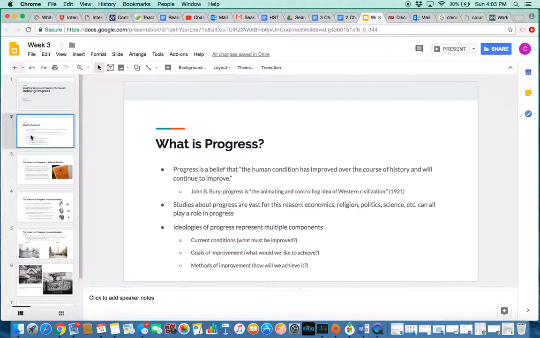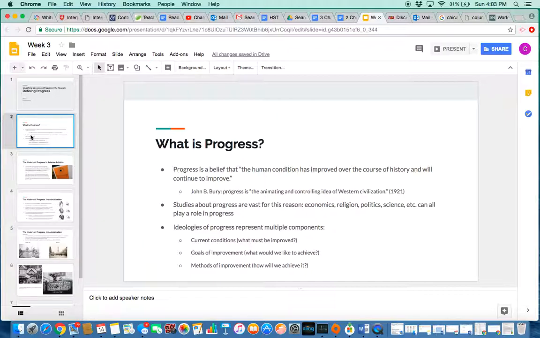And that can mean a lot of different things, and it can be interpreted in a lot of different ways, right? We can look at economic changes among nations, political changes among nations or regions, religious changes throughout the West. And then for the purposes of our class, right, we're looking at science and technology. There are certain key developments that we tend to associate with progression, and science and technology is one of them.